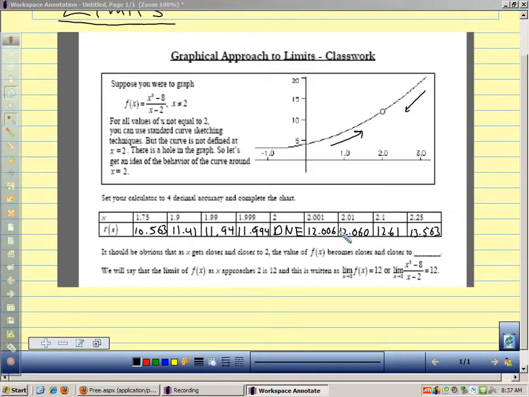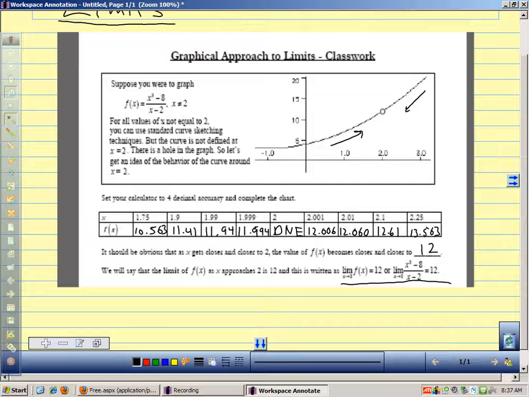So we say that the limit of f of x as x approaches 2 is 12. And we write it this way: the limit as x approaches 2 of our function equals 12.